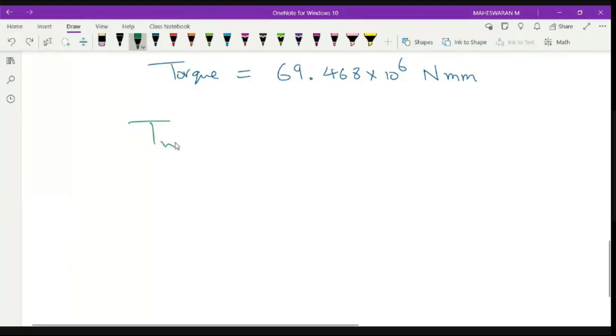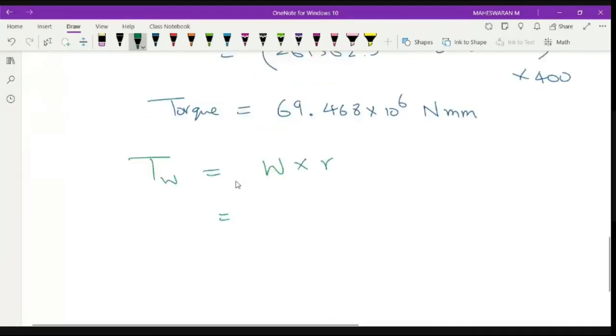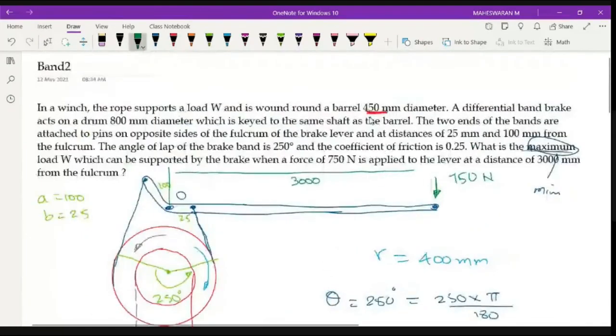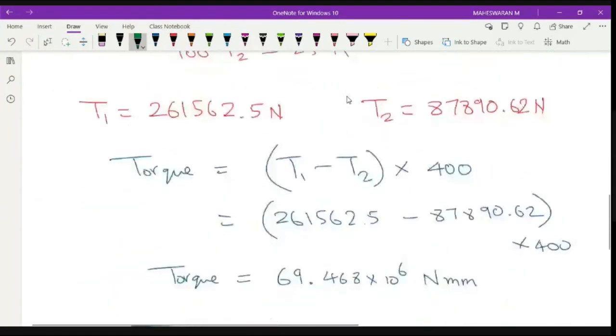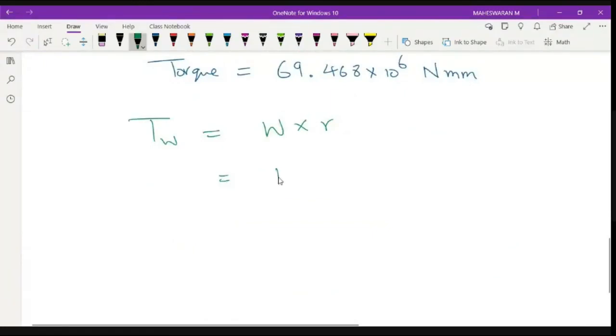So this TW is equal to W into the radius of that weight drum, which is already given in the question. The barrel is 450, so 450 divided by 2 is 225. So W into 225 is my weight torque. Both are the same, which means I can equate them.